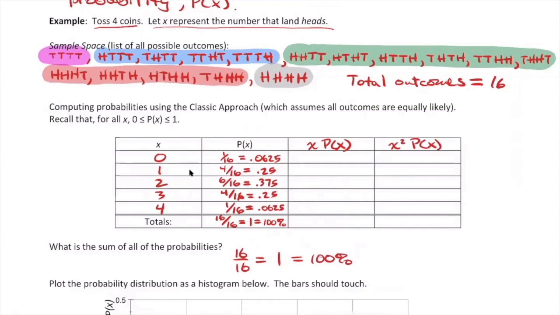Okay, so you just multiply x times p of x. So on the first one, x times p of x is 0 times a 16th, which we'll just say is 0. Okay. Then 1 times 4/16 is 4/16. Okay, then 2 times 6/16 is 12/16. 2 times 6 is 12.